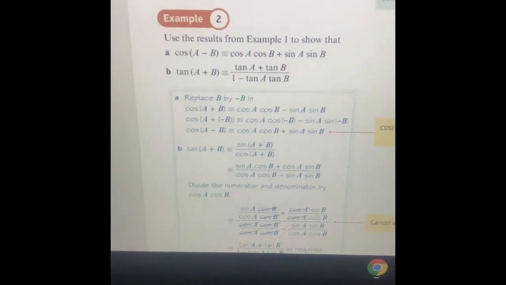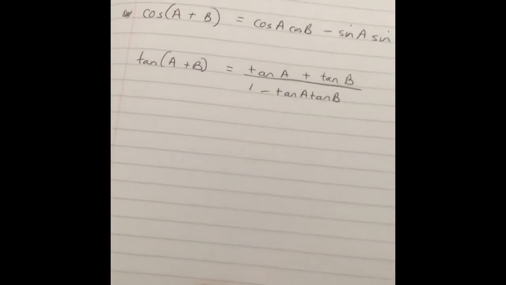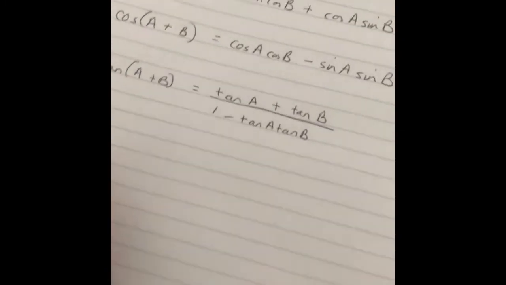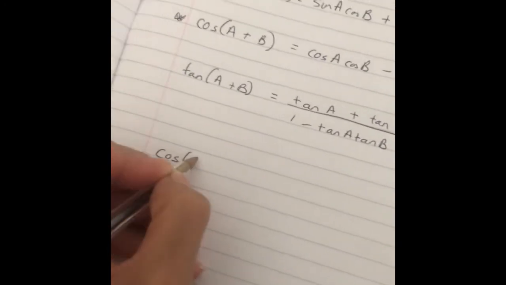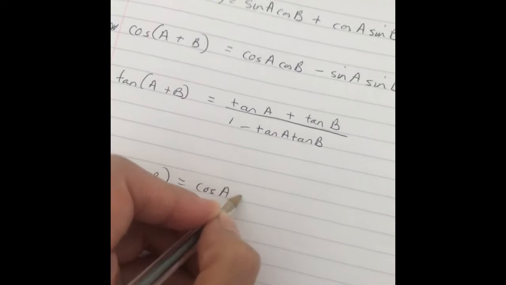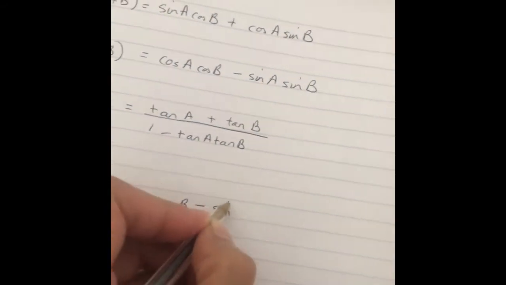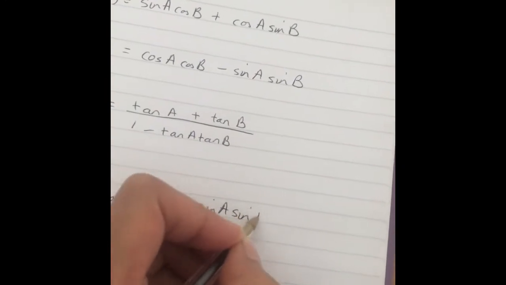So I'm going to use this identity here, and write out again cos of a plus b is cos a cos b minus sine a sine b.